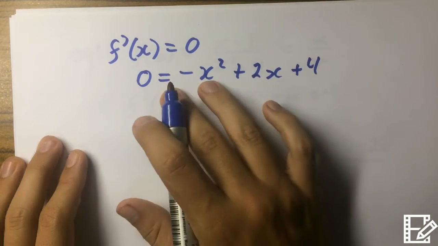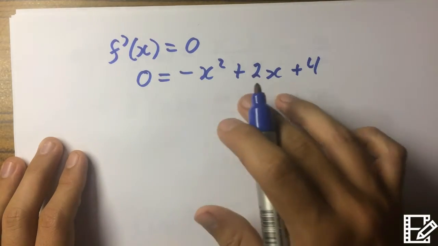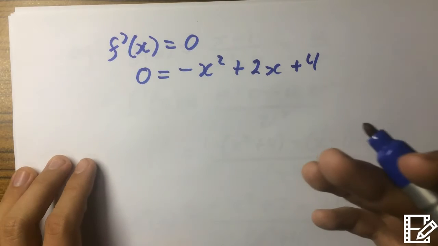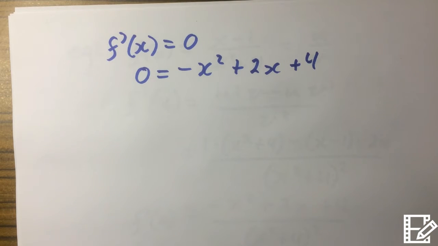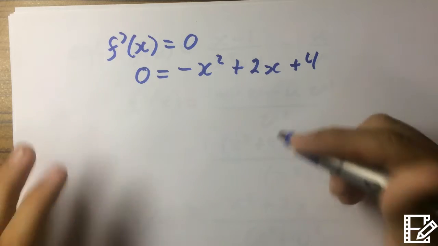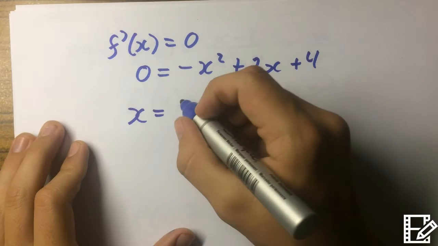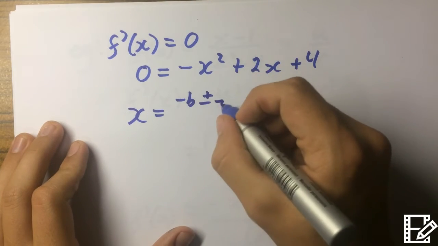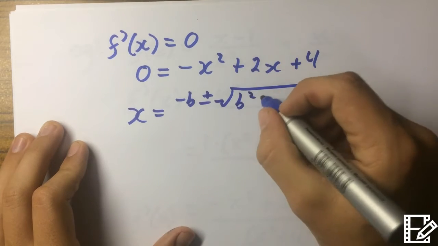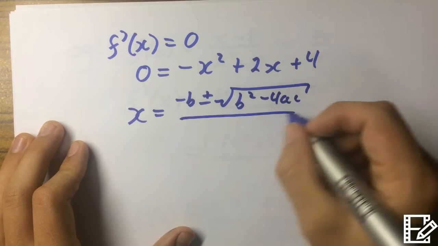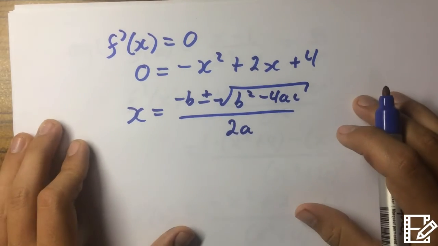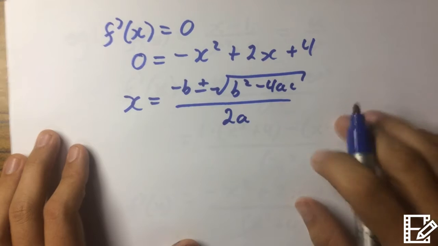So we have negative x squared plus 2x plus 4. We can use the, I forgot the name of the rule now. It should sound familiar, but it's x equals negative b plus or minus the square root of b squared minus 4ac, all over 2a. For the life of me, I can't remember what it was called.